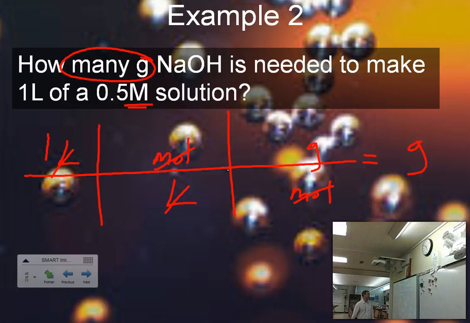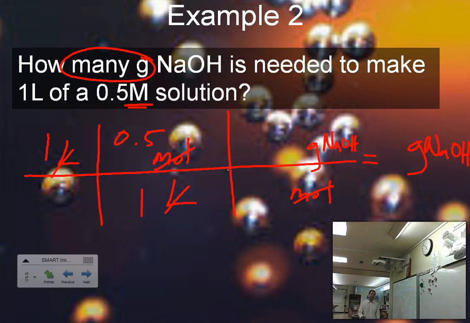I just got to go back and plug in my numbers. So the molarity was 0.5 moles, again, that's always per 1 liter. And then I just need to know now the molar mass of my sodium hydroxide to get the grams of sodium hydroxide. So I look on the periodic table. Sodium has a mass of 23 grams per mole.